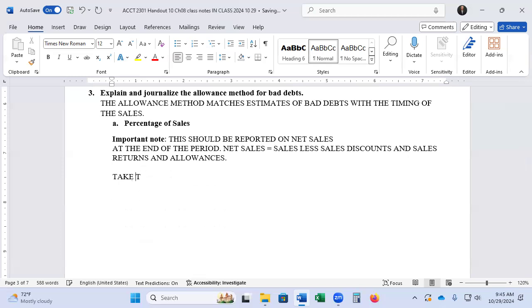And what you do is you take the total net sales and multiply by the estimated percentage of bad debts.